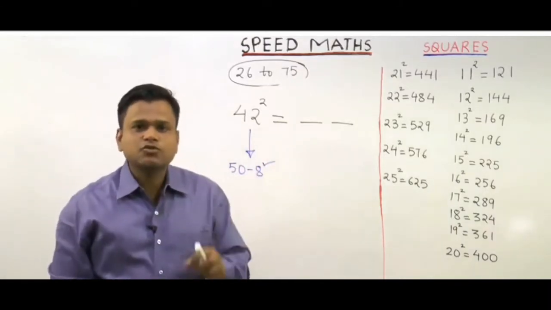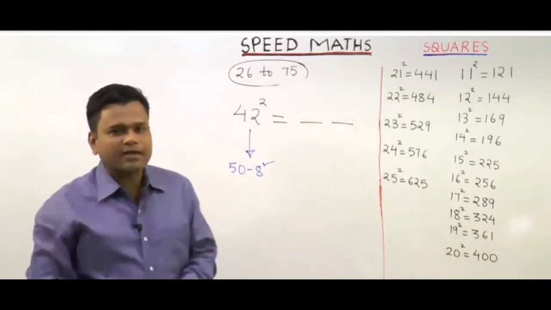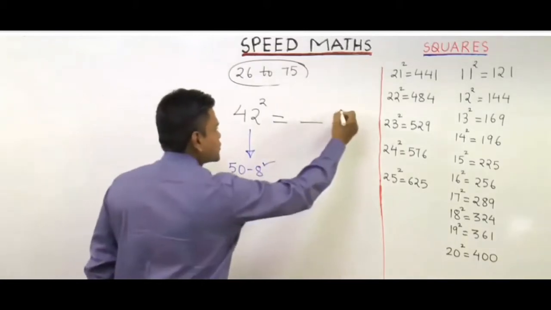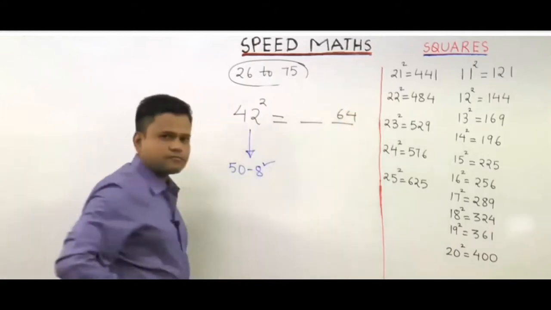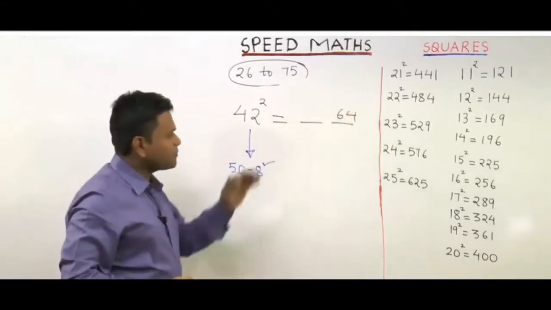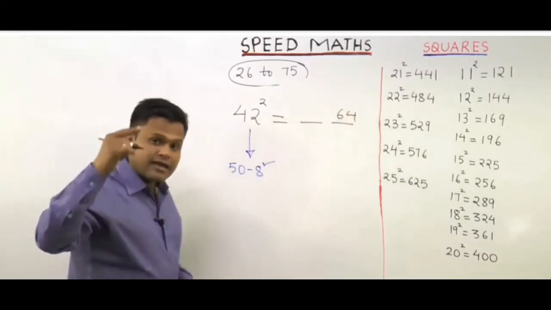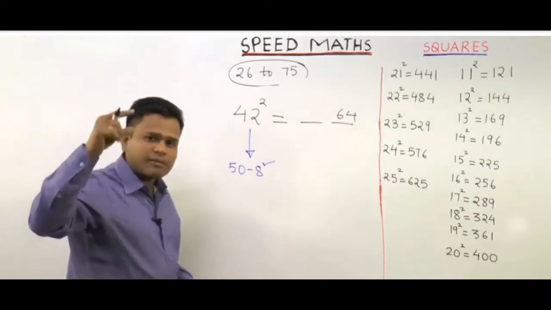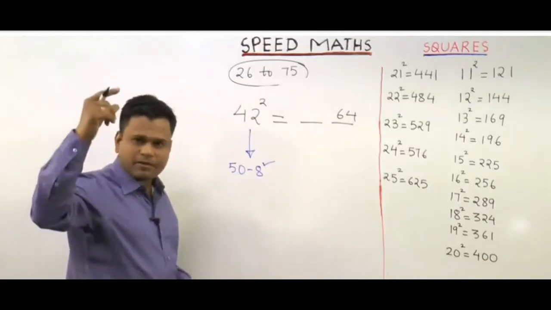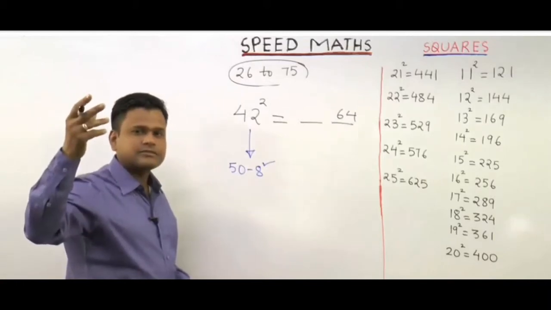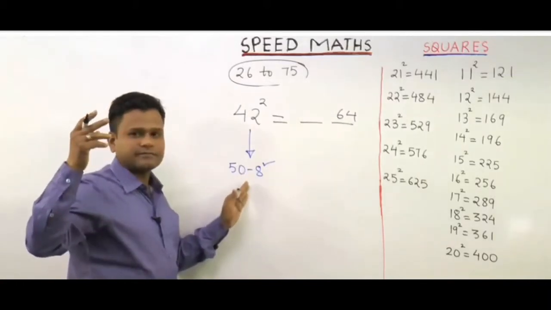So this becomes the essence. The number 42 is 50 minus 8. That implies what we have to keep here is 8 squared, which is 64. But what do we keep here in the first blank? There in the previous example we saw 25 plus 6, 25 plus 8, 25 plus 9, like that. Minus sign is there.